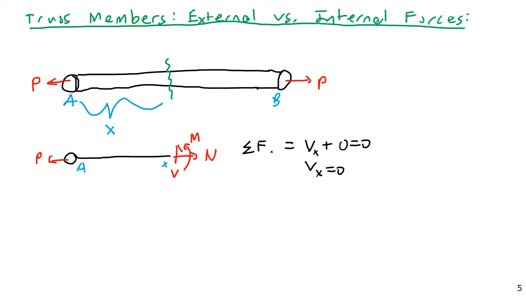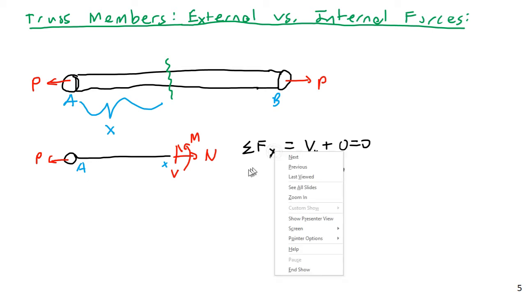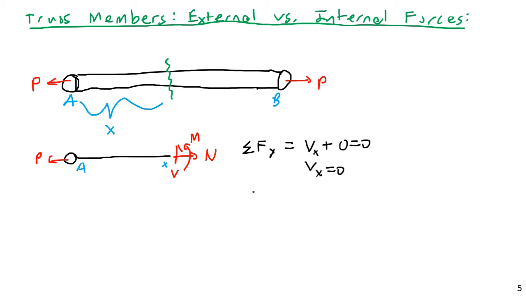Then I can do a sum of moments about point X here, and I get M, and there's nothing else there, plus M of X equals 0.